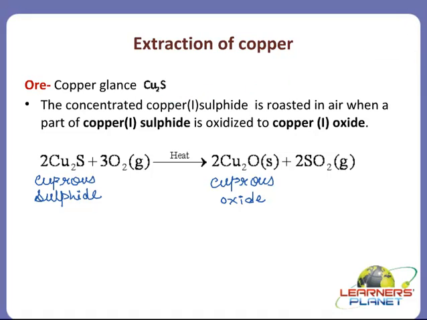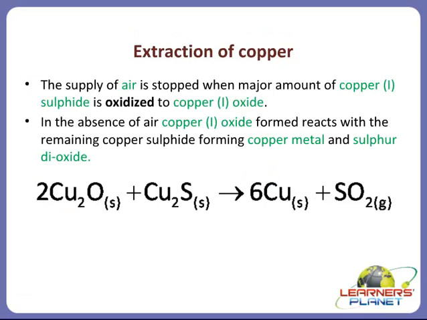Now let's see how copper can be obtained from copper oxide. The supply of air is stopped when a major amount of copper 1 sulfide is oxidized to copper 1 oxide.